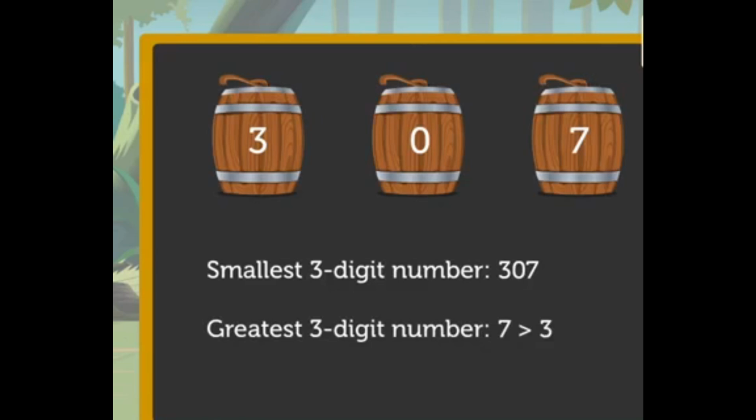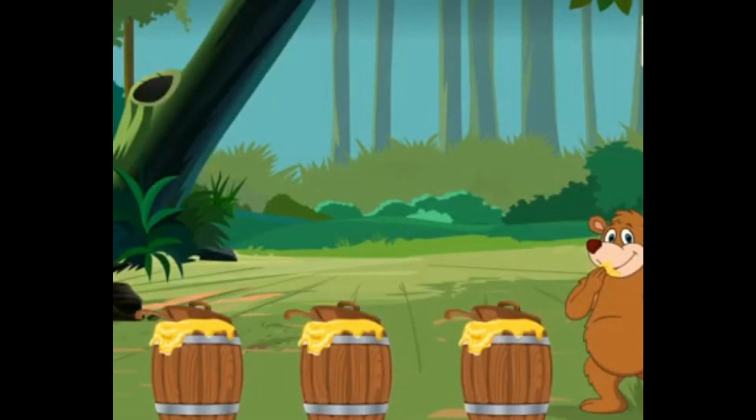Here 7 is greater than 3 than 0. So we have arranged the digit as 7, then 3, then 0. Then the greatest three-digit number formed is 730. Look, Ben is eating the yummy honey.